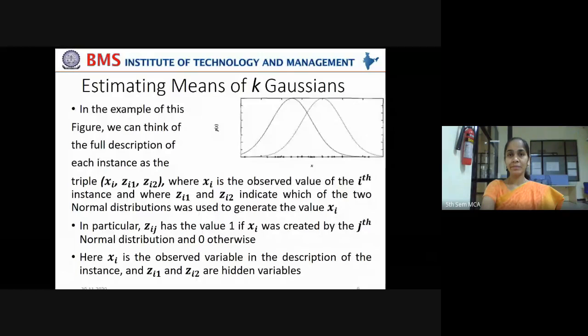Now in the example of this figure, we can think of the full description of each instance as a triple. What is the triple? What does it contain? The observed value xi, and zi1 and zi2, which indicate the two normal distributions that could have generated the value xi. What is the problem now? What problem do we have to solve by using the expectation maximization algorithm?